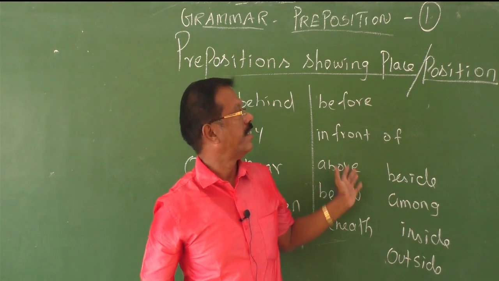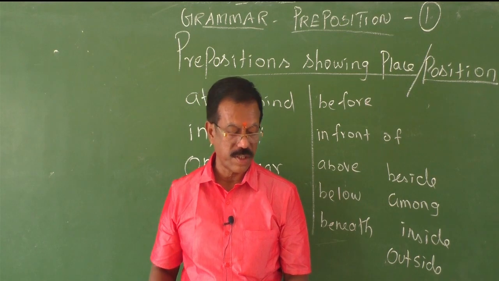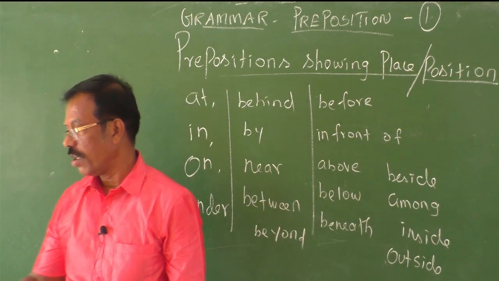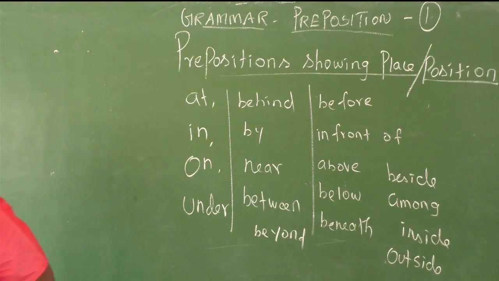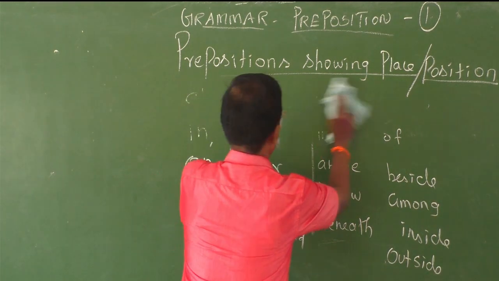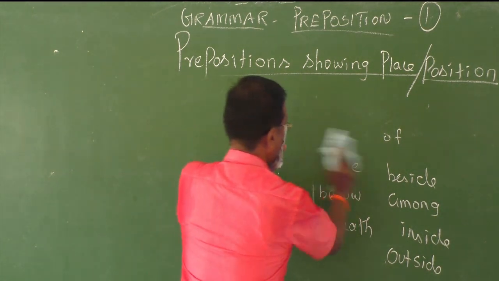Okay, children. And then the third type, prepositions showing movement. Let me explain those prepositions also.